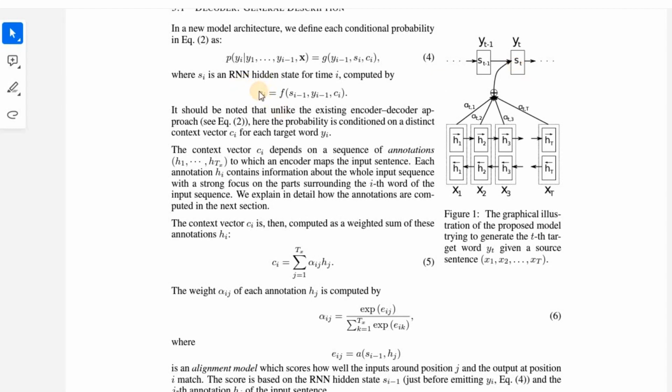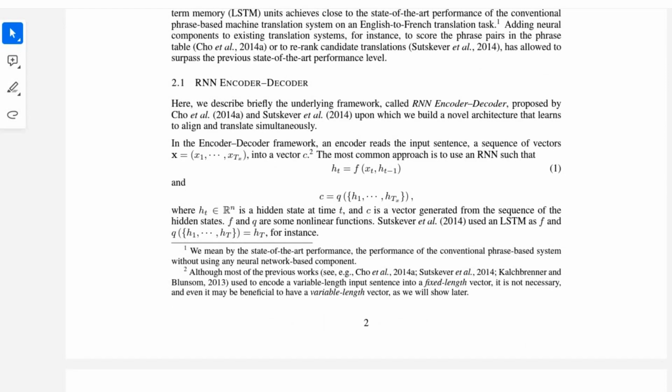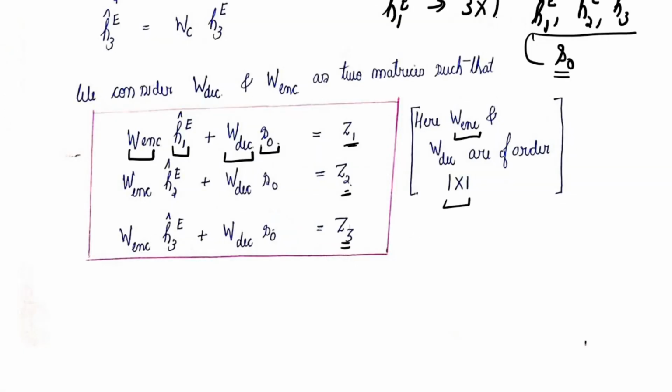So the end goal of the decoder RNN should be looking something like this. But as of now in the decoder, we just know the Si minus 1, Yi minus 1. We don't know the value of Ci, as they have mentioned in the paper over here. We are looking forward to find the value of Ci, and Ci ideally looks as a context vector, which they have mentioned. But we will be coming to it slowly and gradually, and these things will start to make sense.